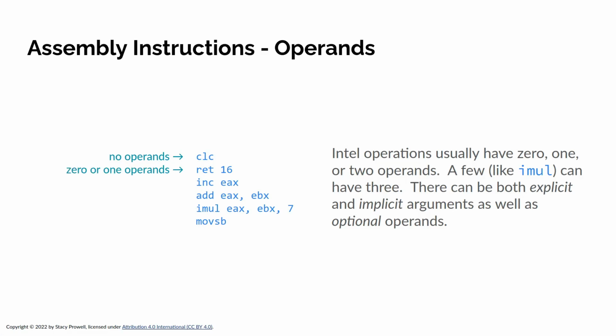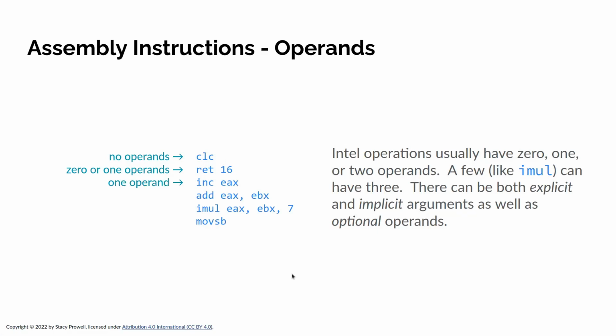The next one is a return, and it can have 0 operands or it can have 1. For the rest of this class, except for maybe one special example, it will only ever have none. It'll just be return. The argument to return is something that you will see if you look at older 32-bit code, and it has to do with manipulating the stack. And you can still do that, but you're not going to.